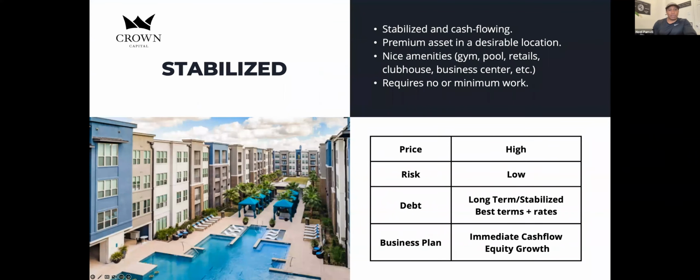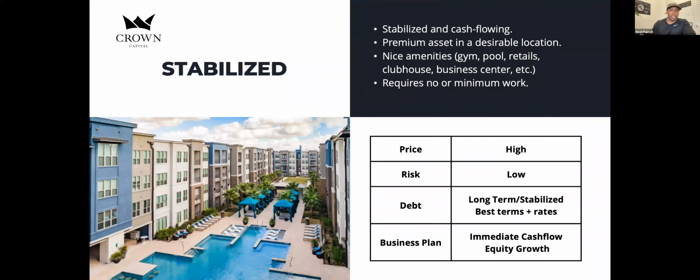So a stabilized property, and you see the picture right here, you have the gym, the pool, that's shown in that picture. Normally stabilized properties are grouped by classes. Most of the popular stabilized properties are considered Class A properties.